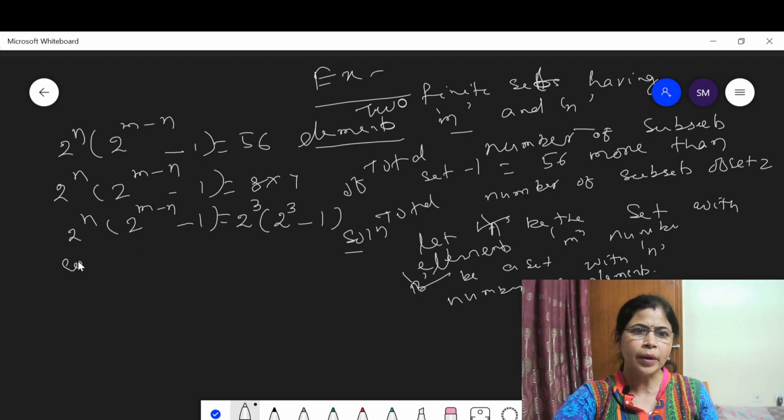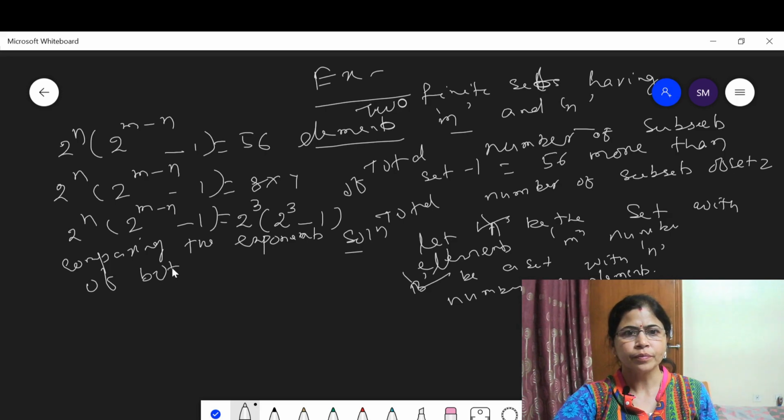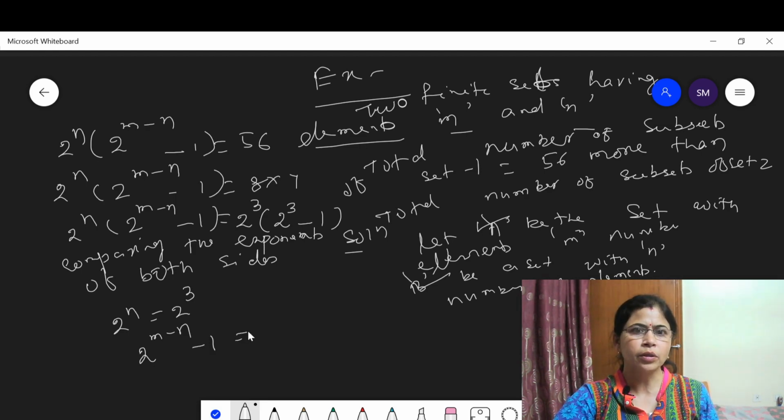Then by comparing the exponents of both sides, we get 2 to the power n is equal to 2 to the power 3, and 2 to the power m minus n minus 1 is equal to 2 to the power 3 minus 1.